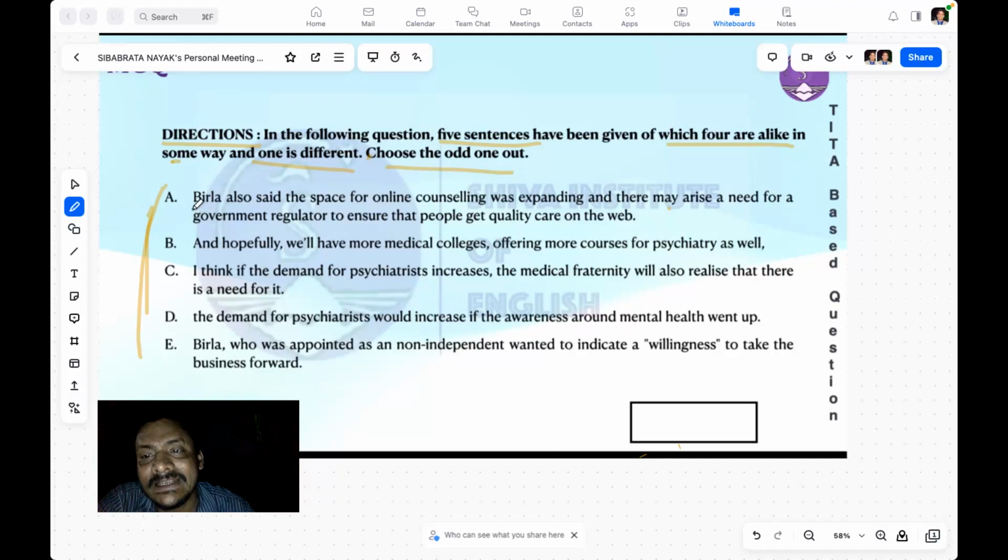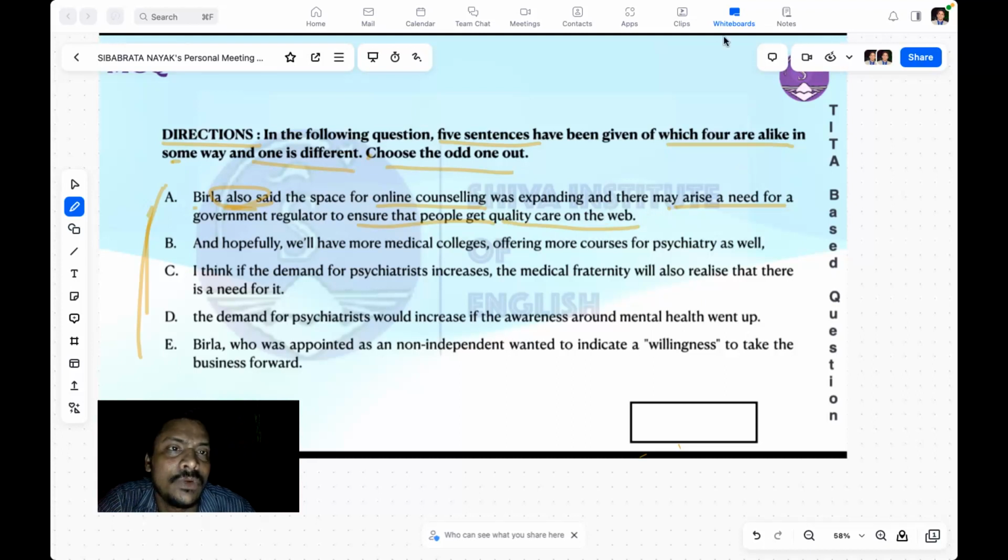Let's read the sentences. What does it say? Billa also said. Some of the indicators you need to focus on here, like the word also. Billa also said the space for online counseling was expanding and there may arise a need for a government regulator to ensure that people get quality care on the web.